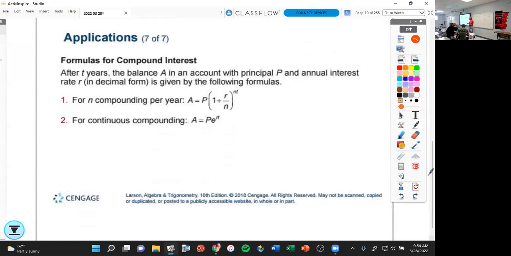For compounding n times per year, you use this formula. For continuous compounding, you use this formula. So I would make sure those formulas are on your cheat sheet. This one would be compounded quarterly, monthly, daily, annually. And as soon as you see the words compounded continuously, we change gears and go to this one.